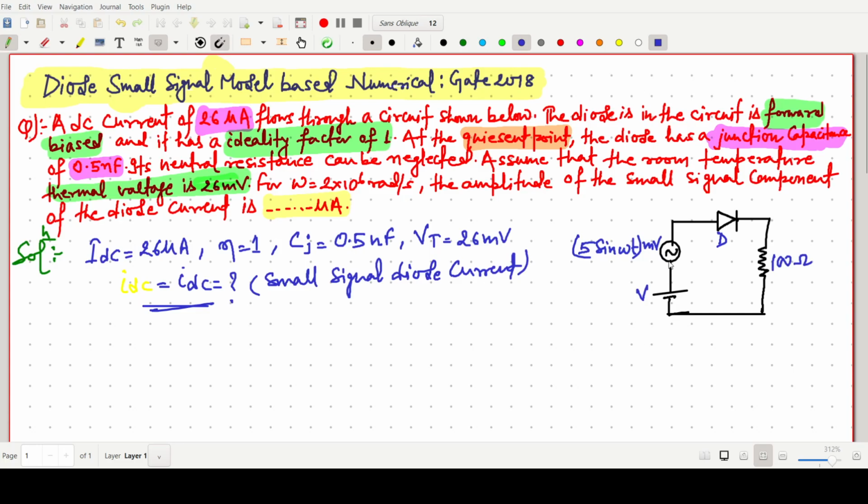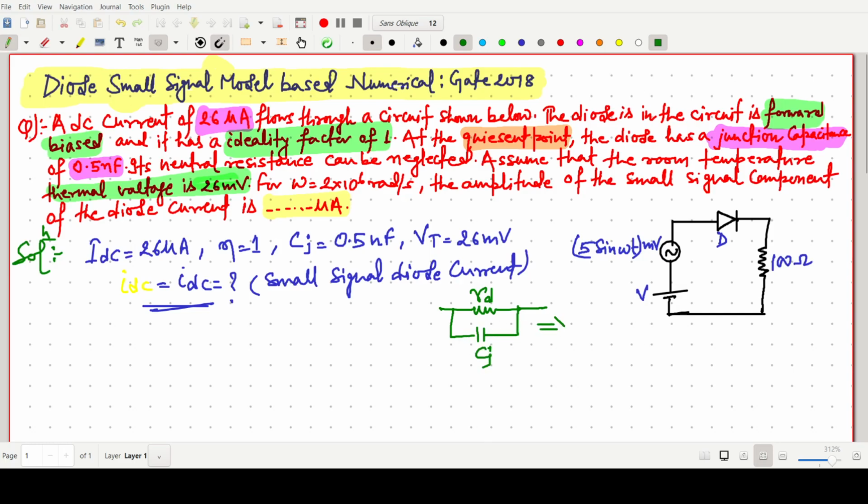So what we have to do is restructure this model by converting this diode into a resistive term, some AC small signal resistance of the diode, and the corresponding junction capacitance across the diode.